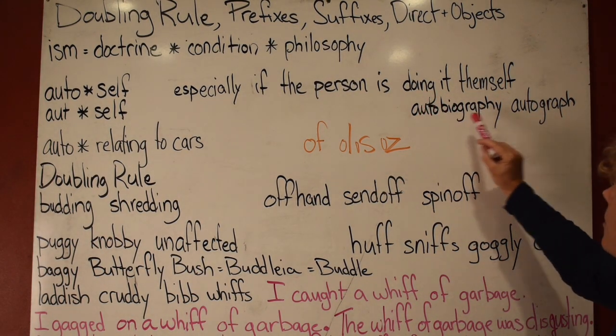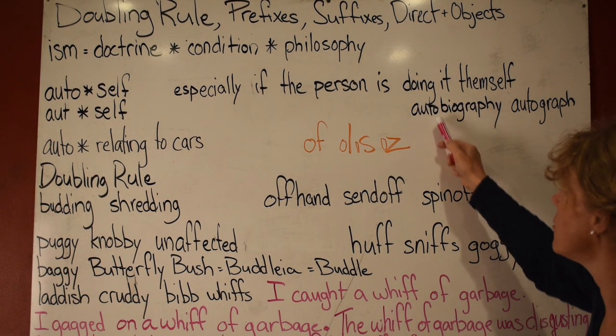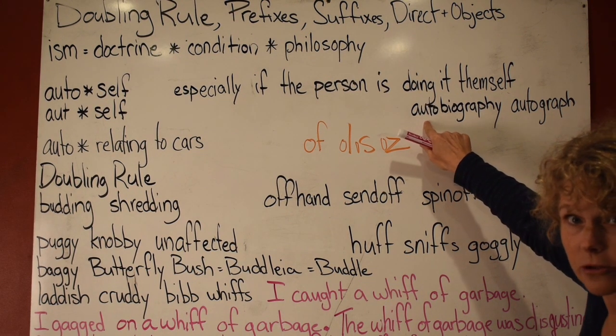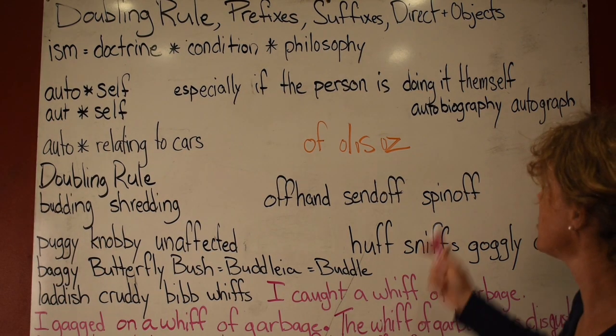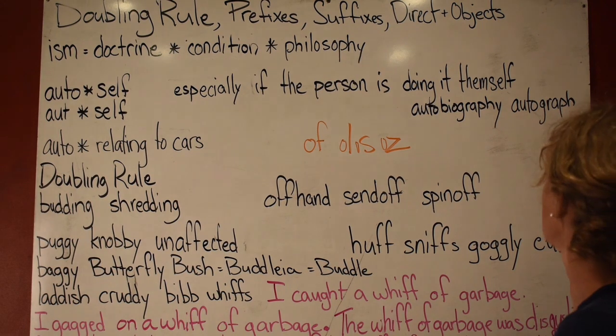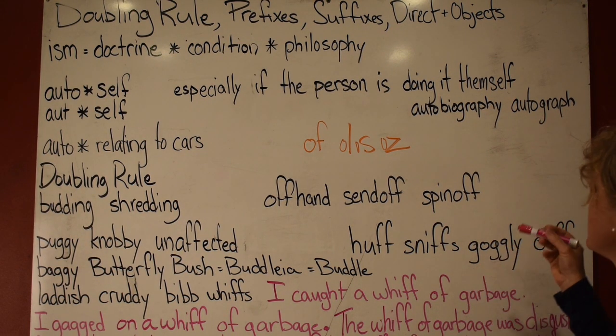Like an autobiography. In an autobiography, you're writing something down about your life and it's about you. You're doing it yourself. If it's a biography, somebody else could be doing it for you. But since you're writing it, it's an autobiography. So an autograph, would that be considered if it's by yourself?